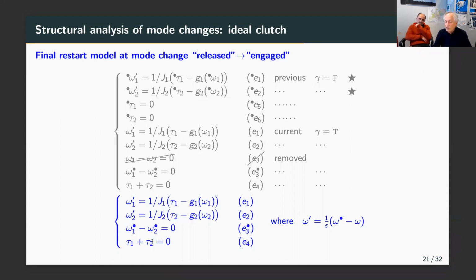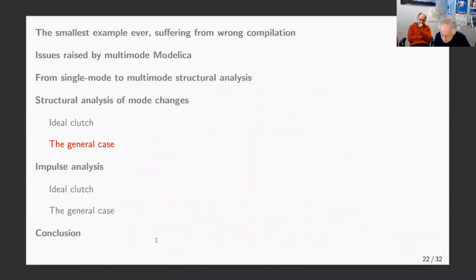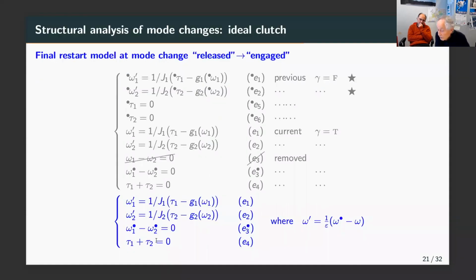These are the 4 equations shown here. Essentially, this is a regular model. You have 4 equations and 4 dependent variables, which are omega 1 and 2 bullet, and tau 1 and tau 2. And this is structurally invertible.